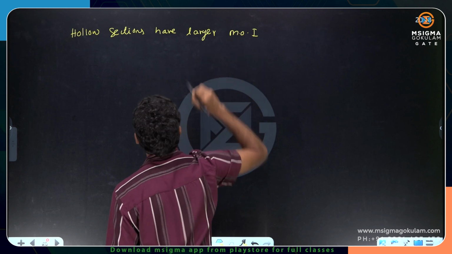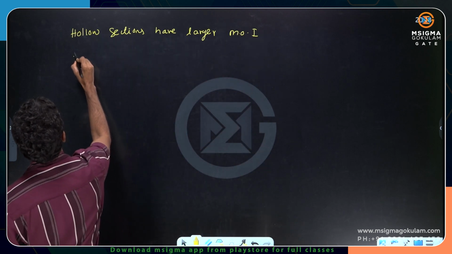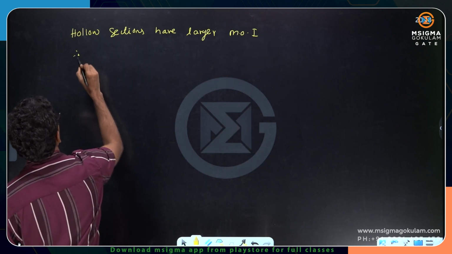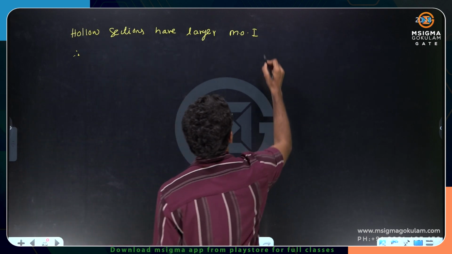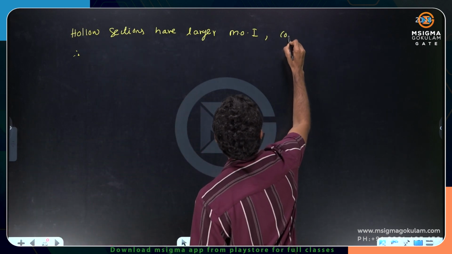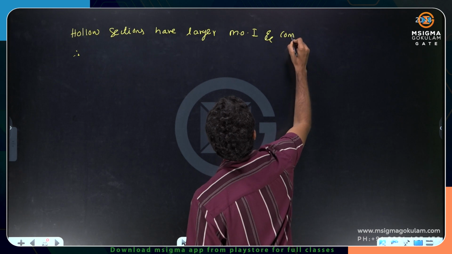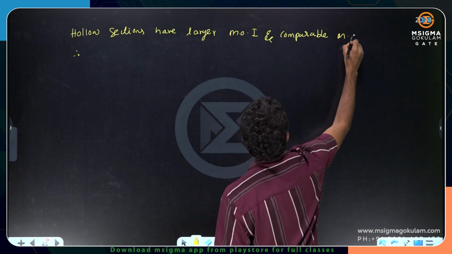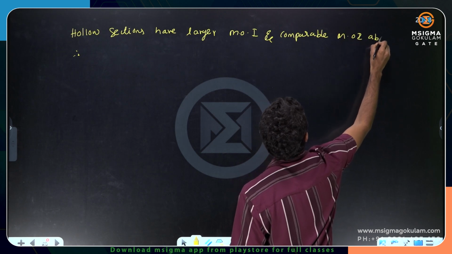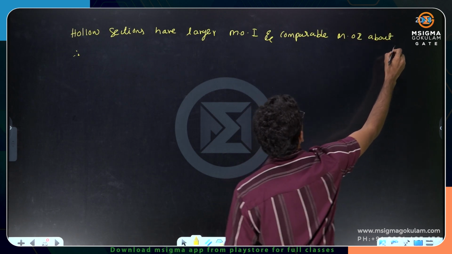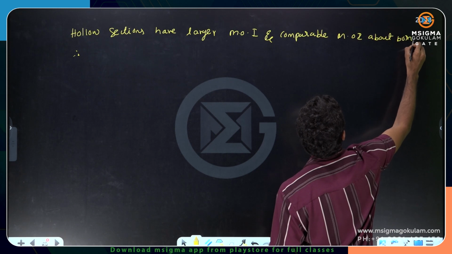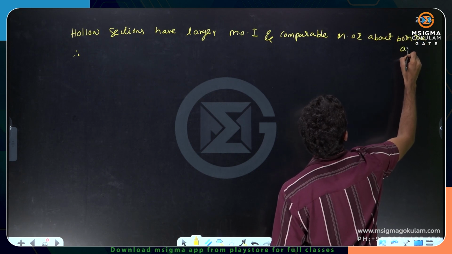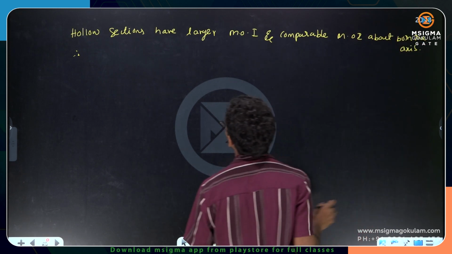MOI means moment of inertia. Therefore, they have larger and comparable moment of inertia about both the axes. Comparable moment of inertia about both the axes.